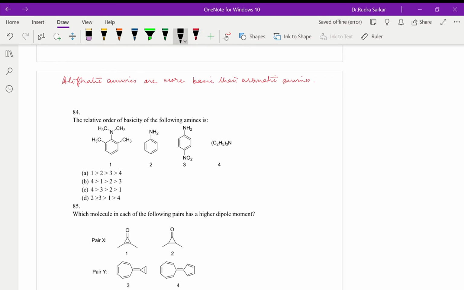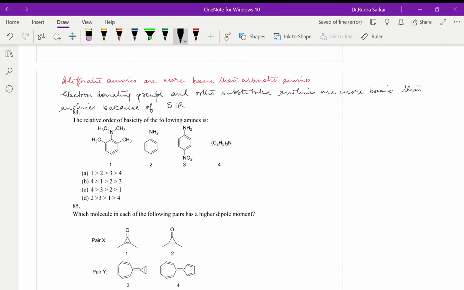Okay. Then we can say electron donating groups and ortho-substituted anilines are more basic than only anilines because of SIR, that is steric inhibition of resonance, the SIR effect.